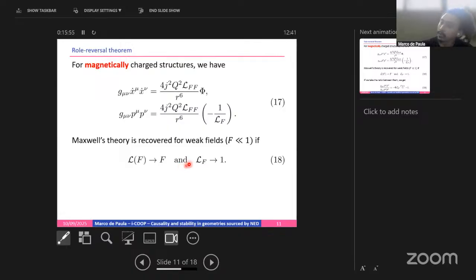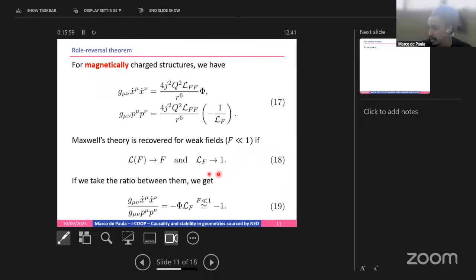So if you take the ratio between these 2 equations and apply this condition, we obtain that far from the source, the norm of the four-velocity of photons in nonlinear electrodynamics is approximately, in the first order of approximation, equal to minus the norm of the four-momentum.